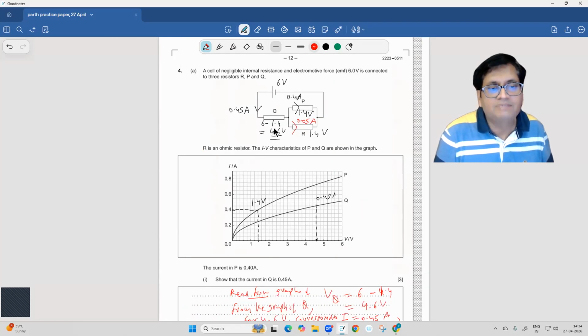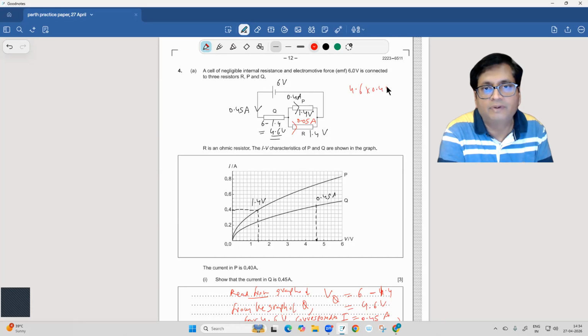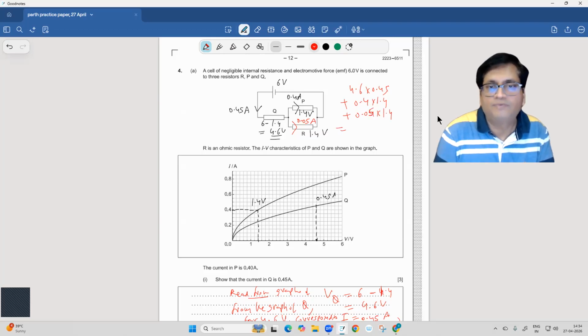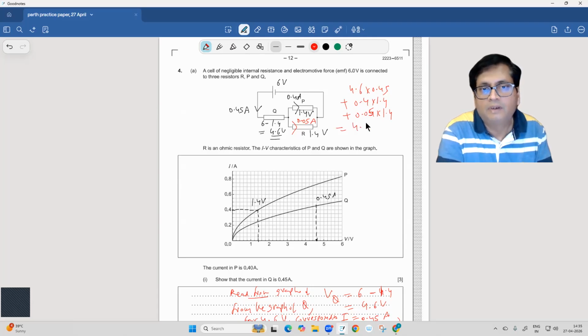देखो, X में कितना है, 4.6 वोल्ट है और 0.45 है, तो 4.6 इंटू 0.45. इसमें कितना हो जाएगा 0.4 इंटू 1.4, और इसमें 0.05 इंटू 1.4, तो 1.4 इंटू 0.45. तो 0.45 कॉमन ले लें तो 4.6 प्लस 1.4 आ गया, which is like 0.45 into 6, which is the same thing, right?